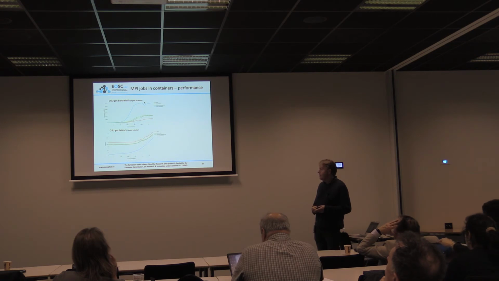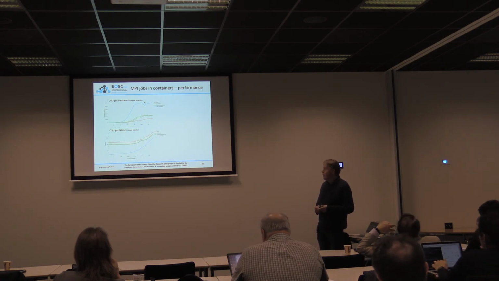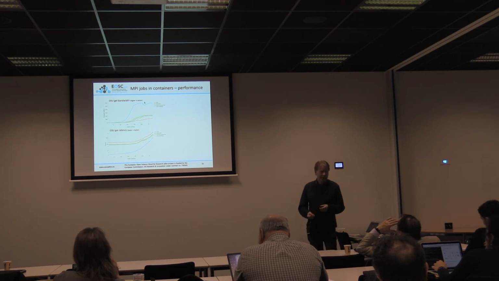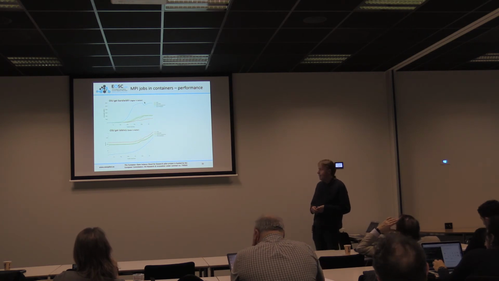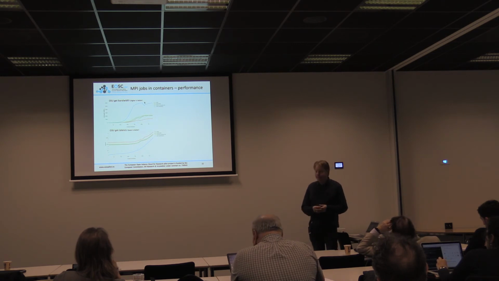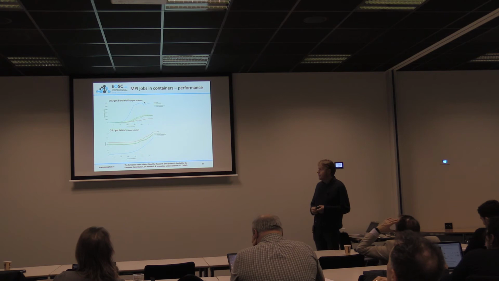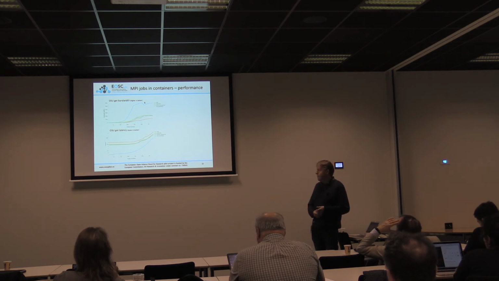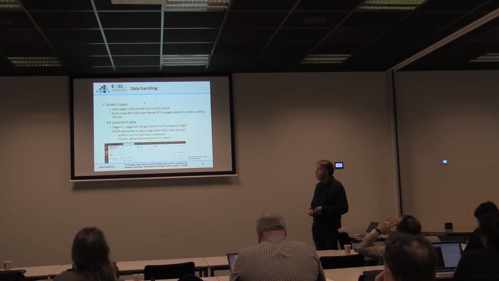You can see that obviously the HPC system gives much better performance, but our view is that users are generally happier if their jobs are running compared to if they're not running. So even if there's not quite as good a performance, that's not a huge problem. Plus, we've seen a lot of fusion applications don't actually have a huge amount of MPI communication, so it's not that much of an issue.